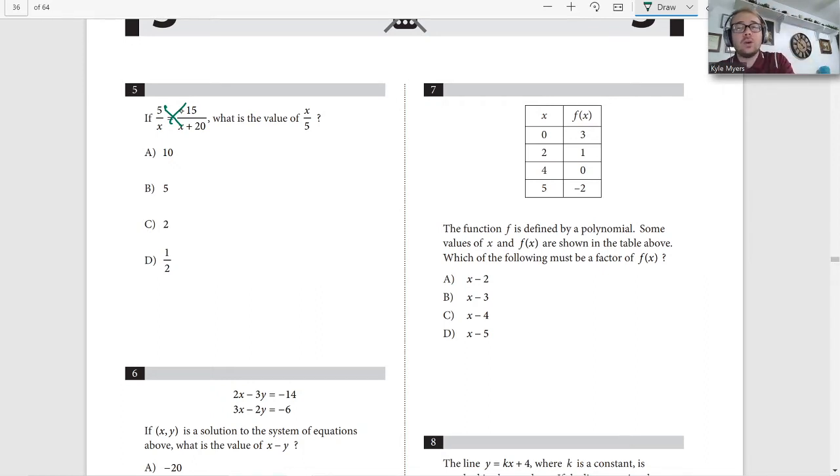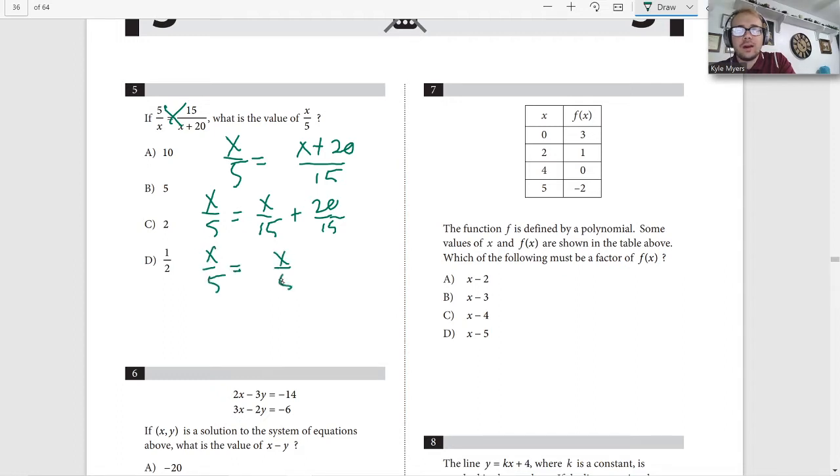If you want to know the trick way, it's a little extra tricky on this one. You would flip both sides of the equation. And then you have x over 5, and let's split up that fraction, plus 20 over 15. And then I can write this in terms of x over 5.